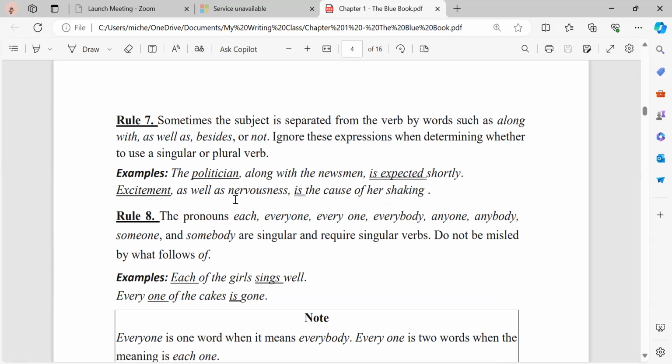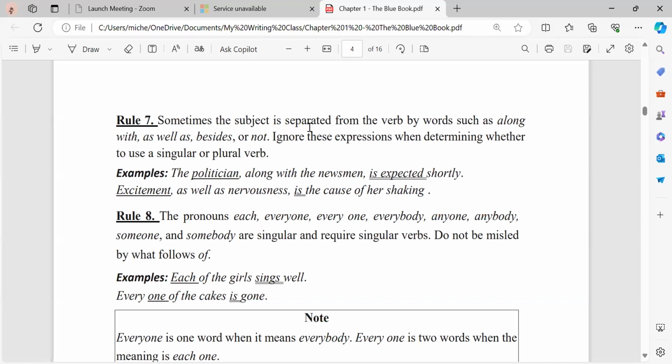So here's the example. The politician, along with the newsman, is expected shortly. Right here, we can see that there are two nouns, the politician, the singular one, and the newsman.